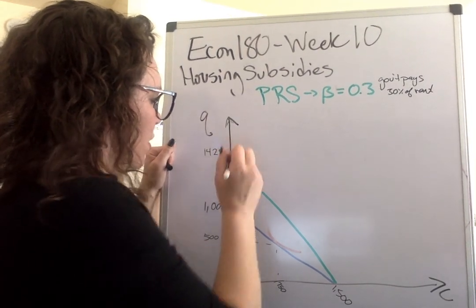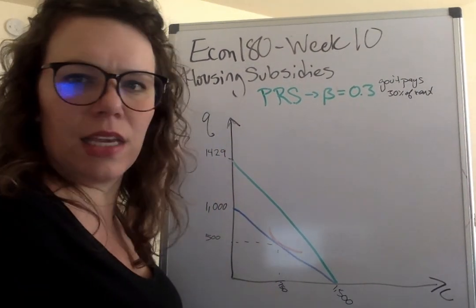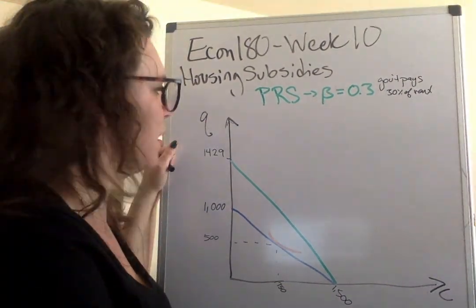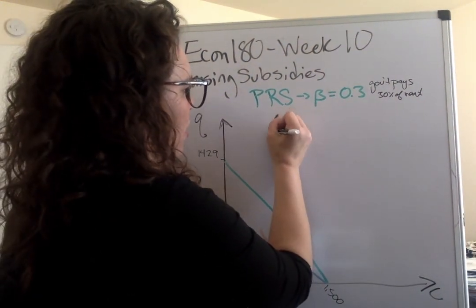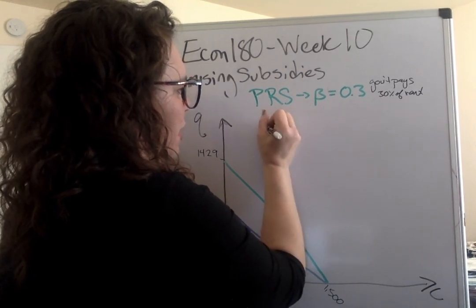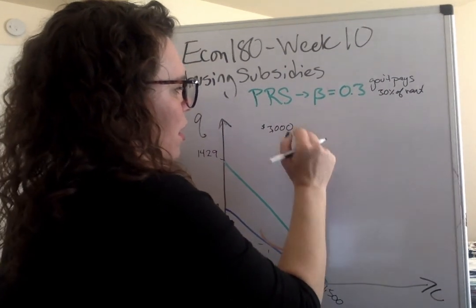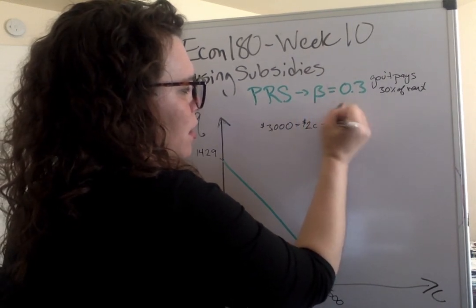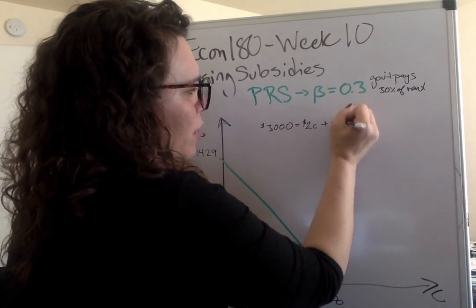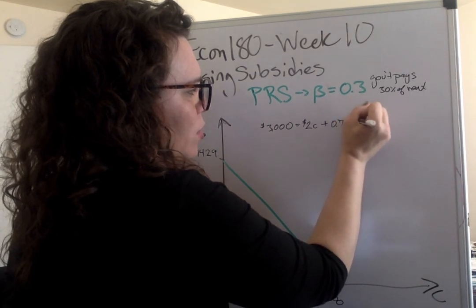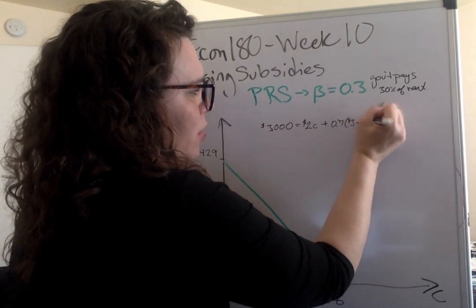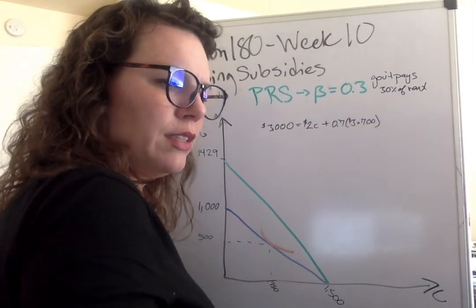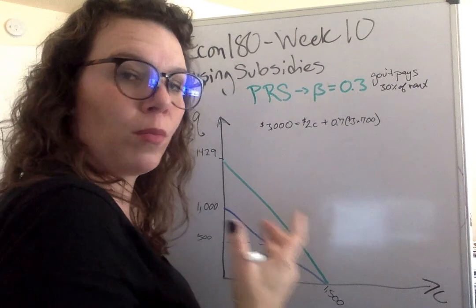square feet up here. And now I say in the problem, if Q rises to 700, what is the new consumption point? So now we've got $3,000 is our income, equals $2 times C plus 0.7 times $3 times 700 square feet, which means we are now spending a lot more money on housing.